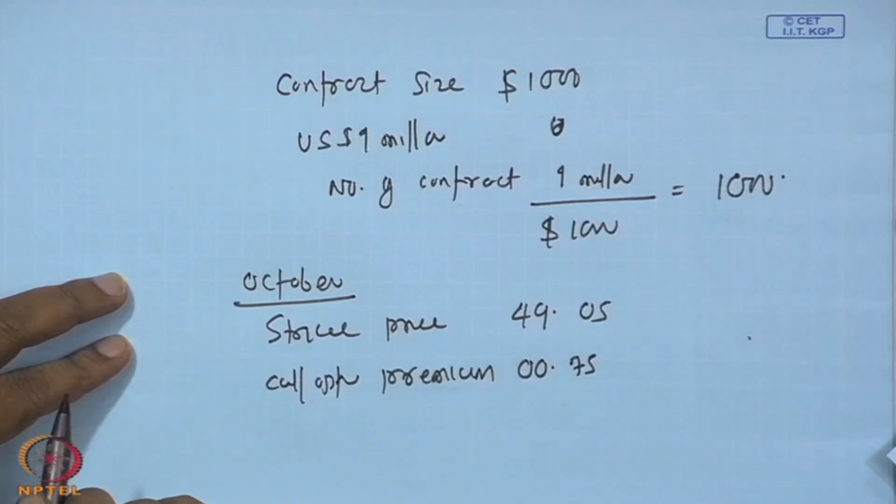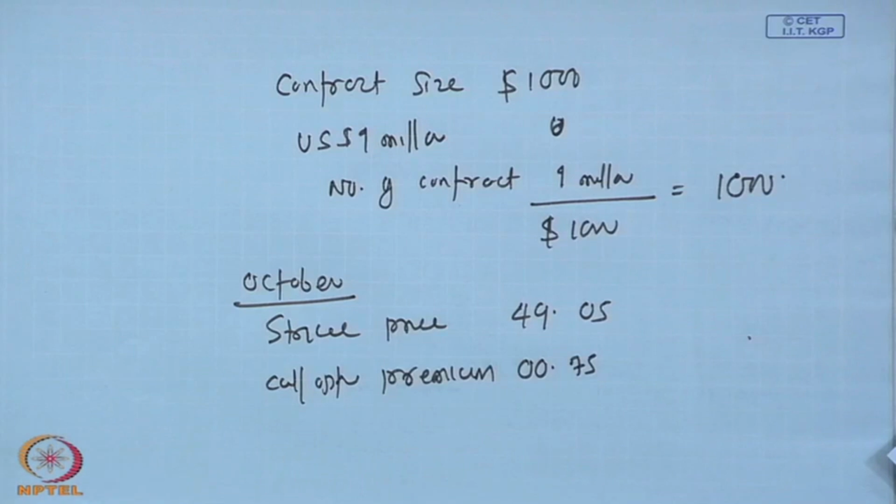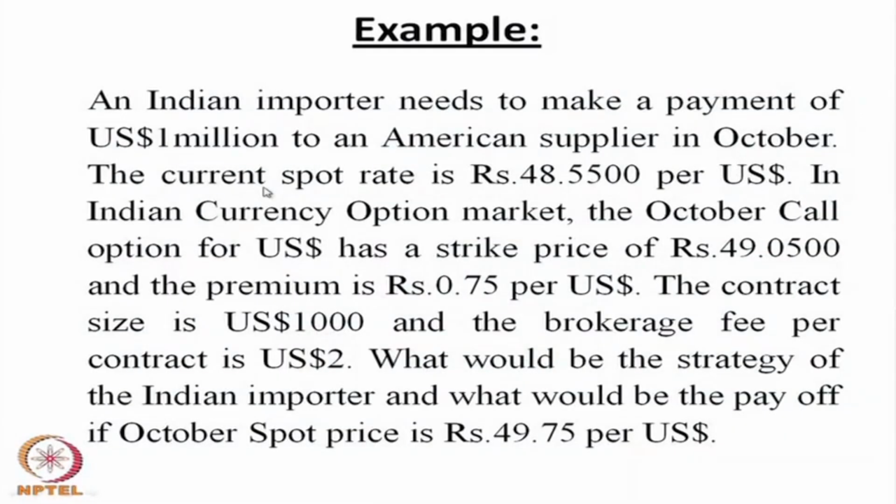Then the brokerage fee, how much? The brokerage fee is given to us. The brokerage fee is $2 per contract, where one contract is $1000. So $2 per contract means 2 divided by 1000, and this will be converted into Indian rupees. So, what is the current price?